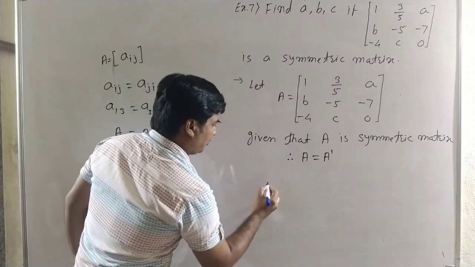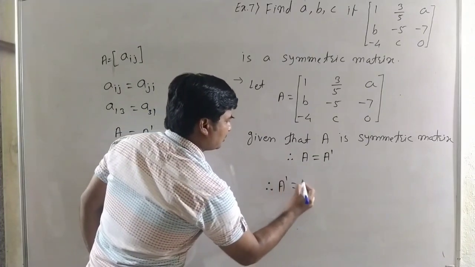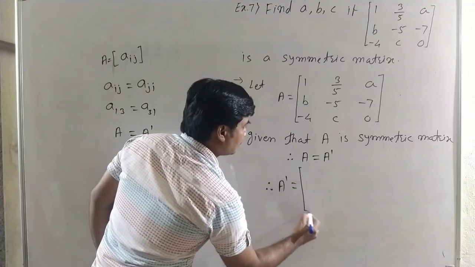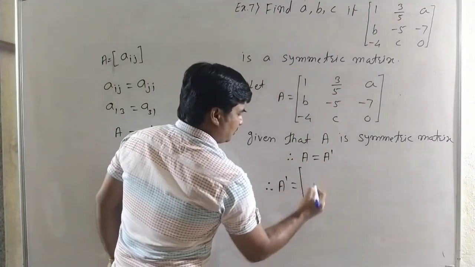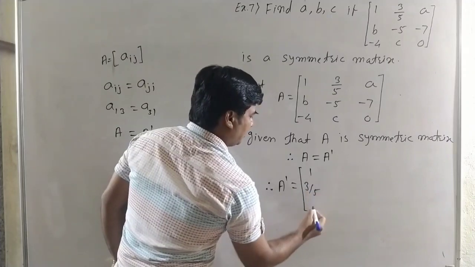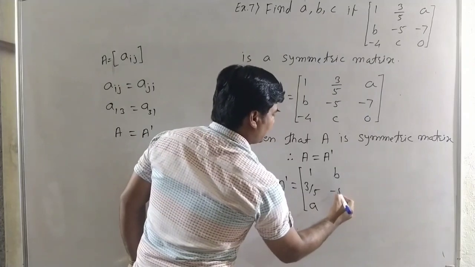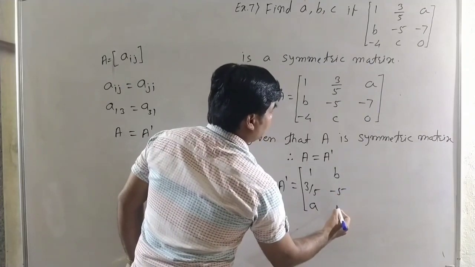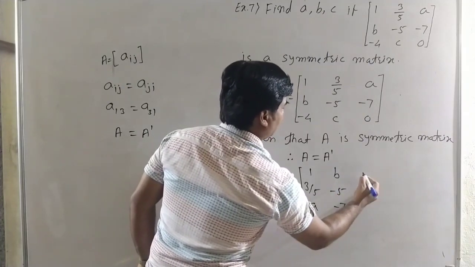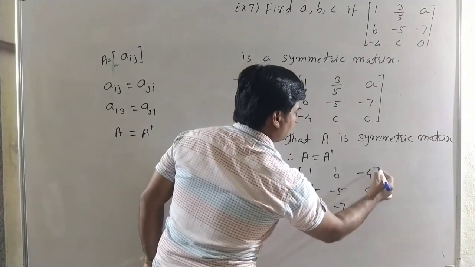Therefore we can find the transpose. In A transpose, rows become columns. It is first row 1, 3/5, A, then B, -5, -7, then -4, C, 0.